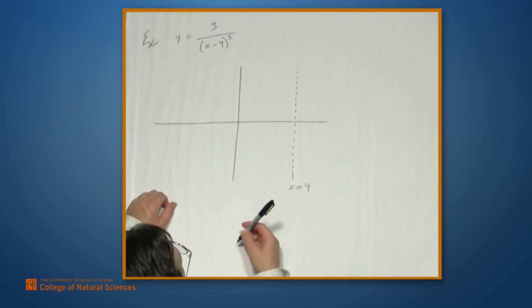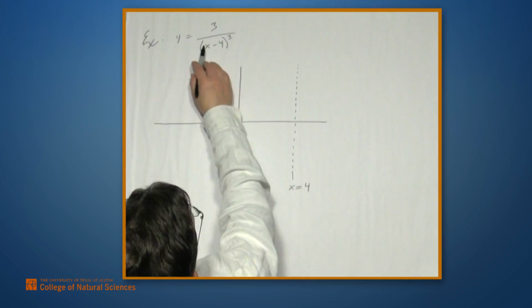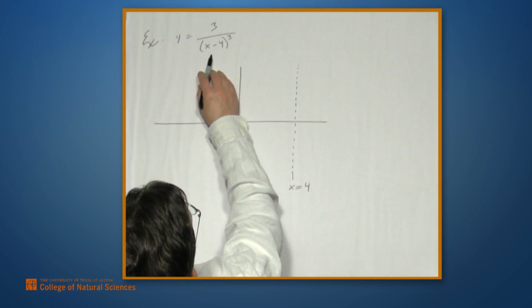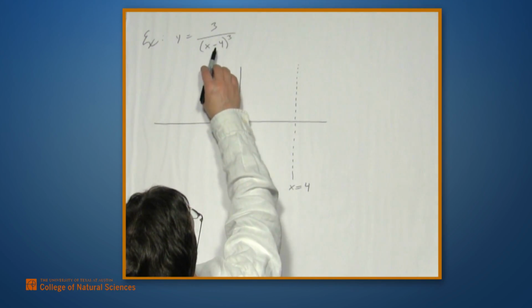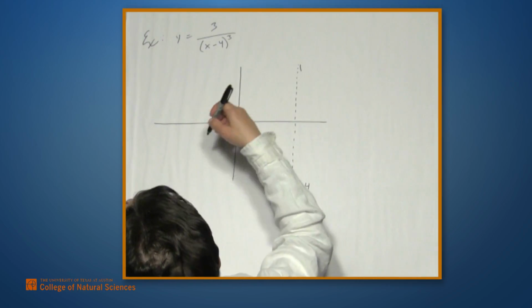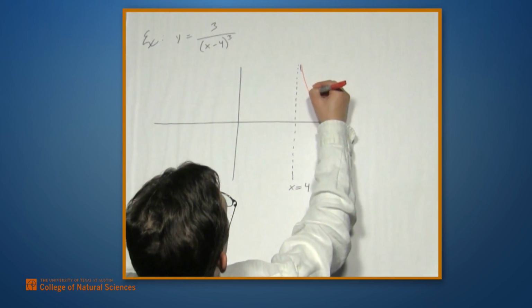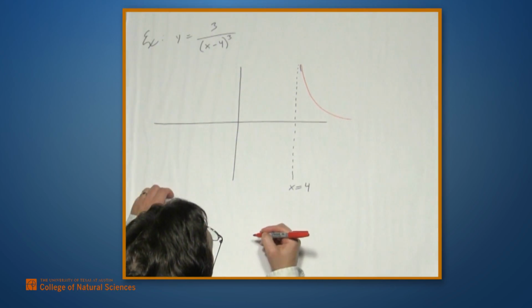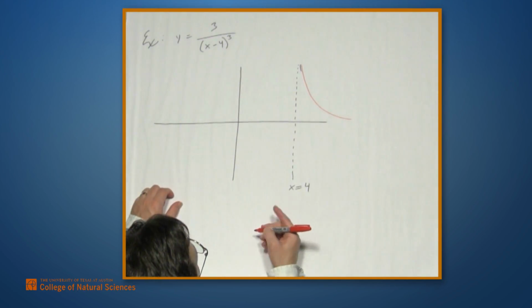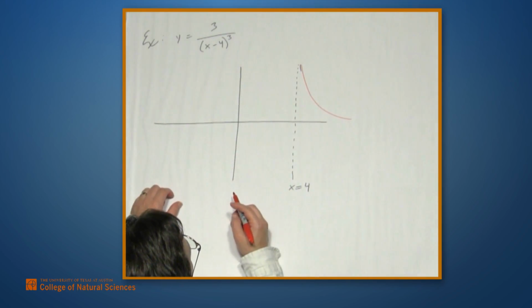Now, what happens for x larger than 4? Then x minus 4 is going to be positive, small but positive. So the curve will look something like this. What's going to happen if x is on this side of the dashed line?